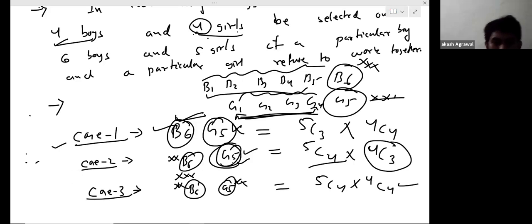So can you explain case 3? केस 3 इज वेयर हमने B6 एंड G5 को दोनों को घर पे ही बिठा दिया. वी सेड तुम लोग बिल्कुल नहीं जा रहे, यू आर एब्सोल्युटली नॉट गोइंग, राइट? सो वी हैव टू चूज 4 आउट ऑफ 5 बॉयज, सो 5C4.